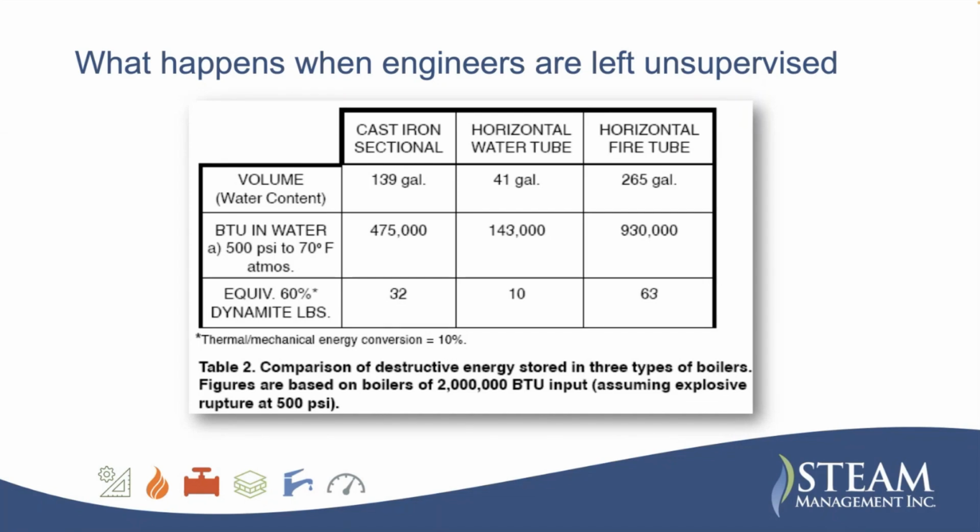And if the horizontal water tube blows up, it's 63 pounds of dynamite. He said, if ours blows up, it's only 10 pounds of dynamite. Well, I don't know about you, but I don't want to be in a room with an ounce of dynamite. They have since taken it down, but I kept it so I can use it in my seminars.